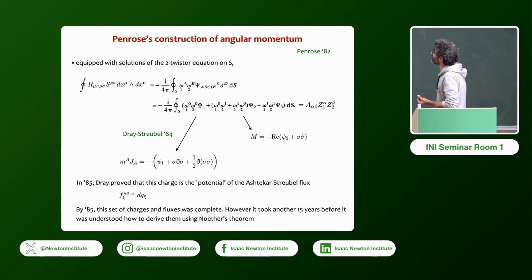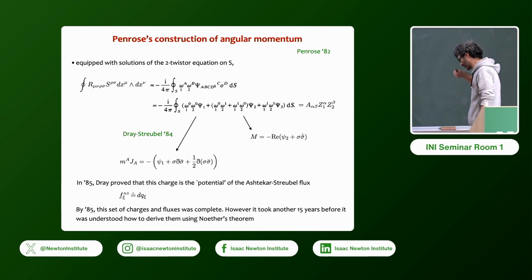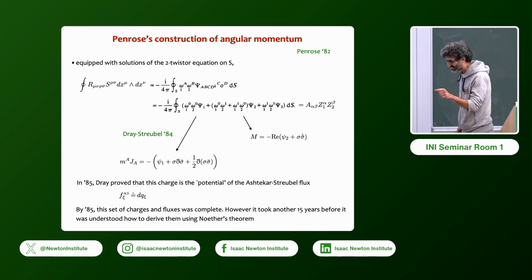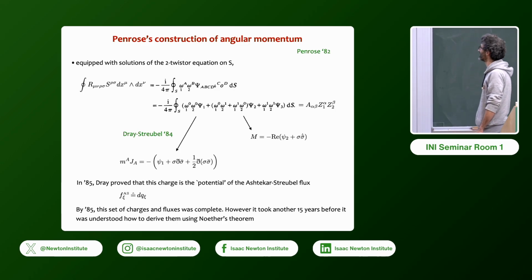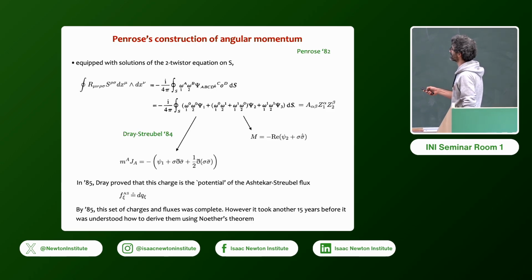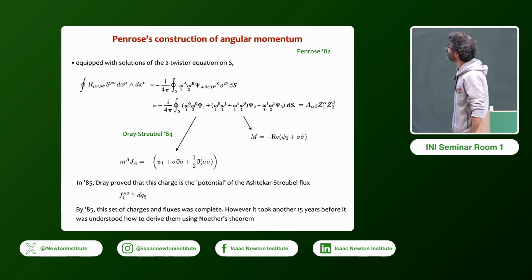Now, what Dray and Streubel were able to do, through cranking the integration by parts machinery and using those various miraculous identities that the eth operator satisfies, actually Penrose already knew this, is that when you specialize to a supertranslation, you get this expression, which was Geroch's expression for the time component of the supermomentum vector.